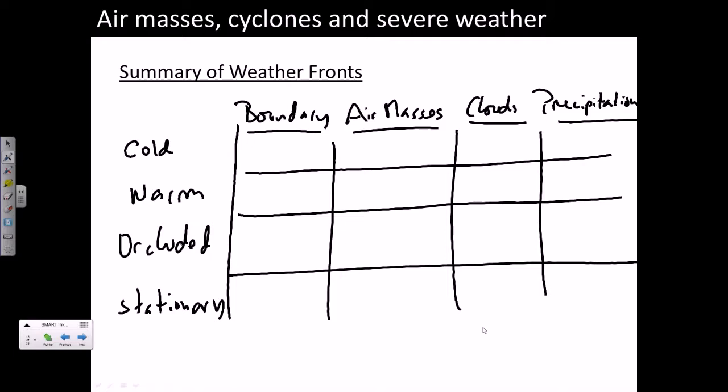So for the cold front, the boundary is steep, and that means it's got a high angle, essentially. For the warm front, the boundary is gentle.